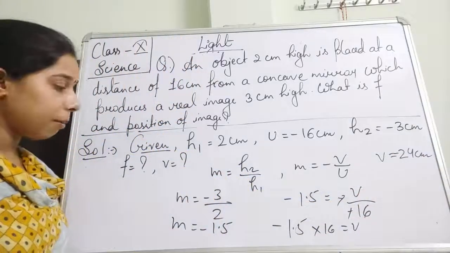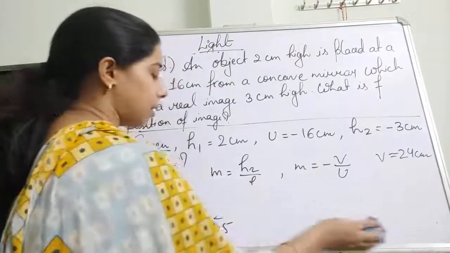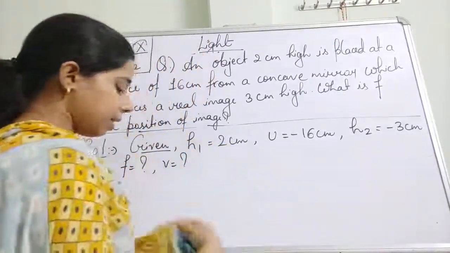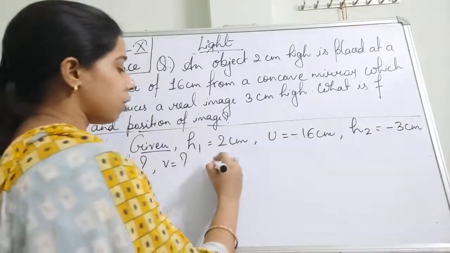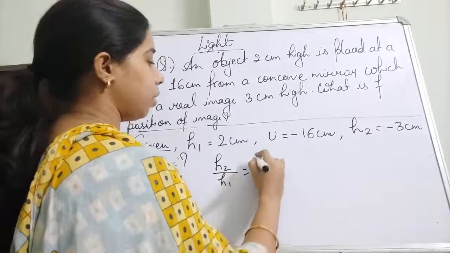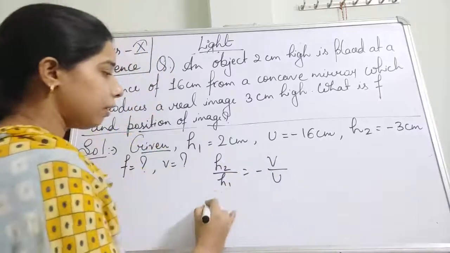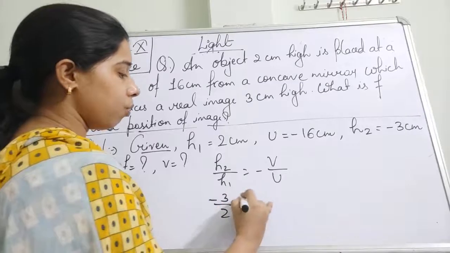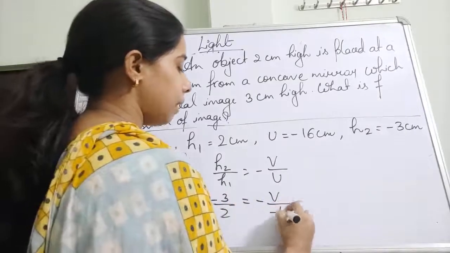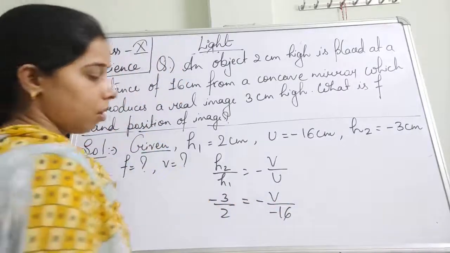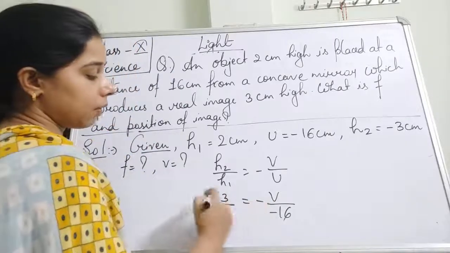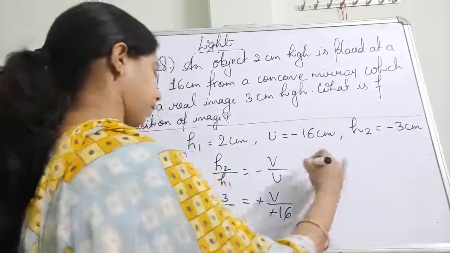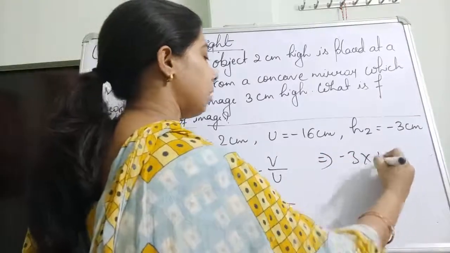So this is one method, and the second method is: we know that h2 upon h1 will be equal to minus v upon u. Putting the value here, the same thing, minus 3 upon 2 is equal to minus v upon minus 16. Okay, so this minus will cancel each other and it will become 3 into 16 upon 2.